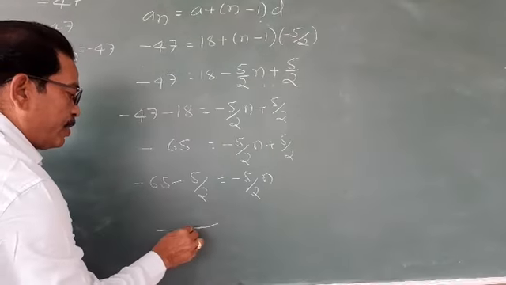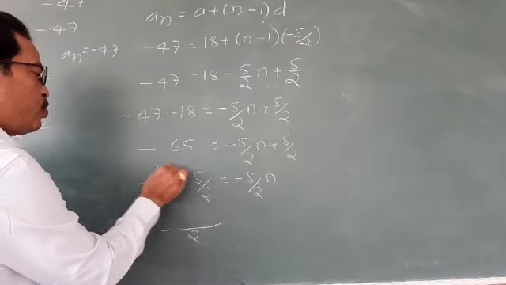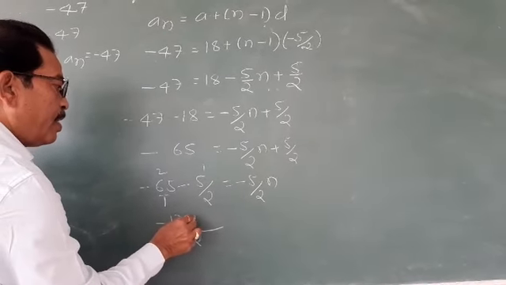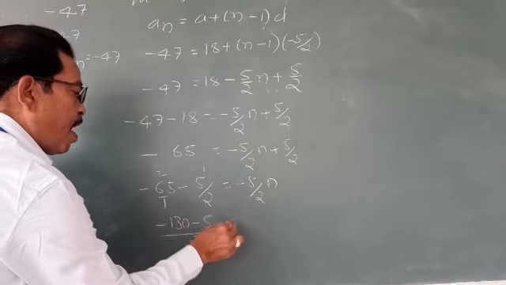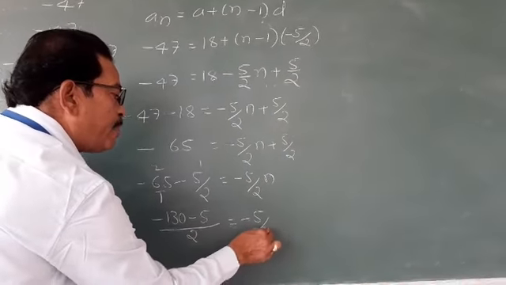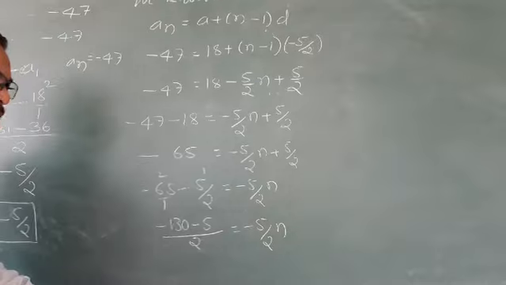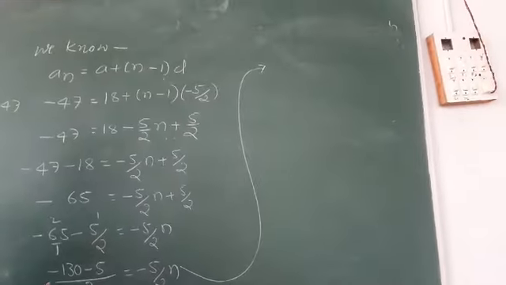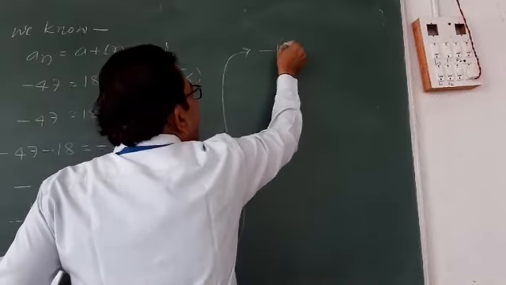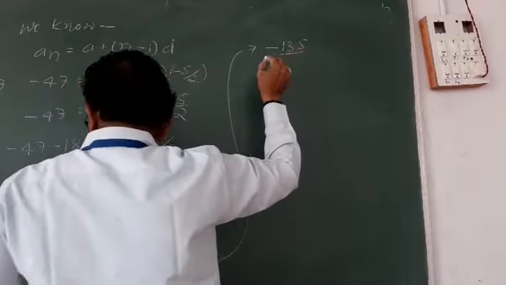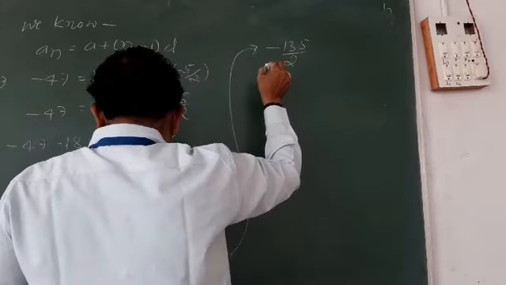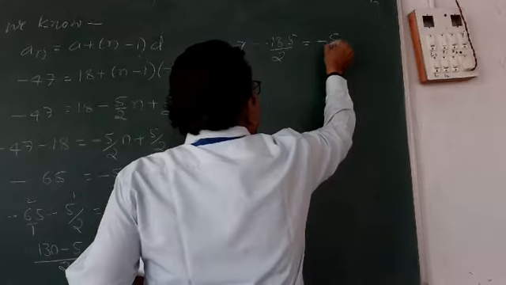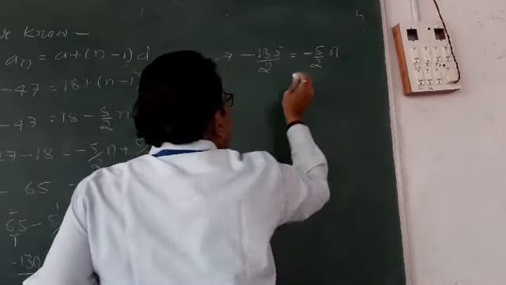Again LCM, that is 2. 1 2s are 2, 1s are, minus 130 minus 5 equals minus 5 by 2n. Then let us simplify once again. Minus 135 by 2 equals minus 5 by 2n.